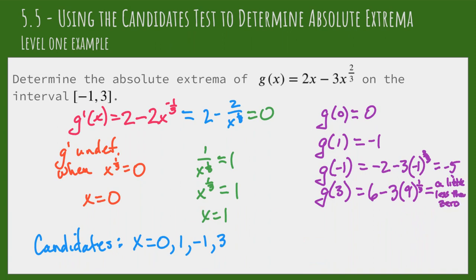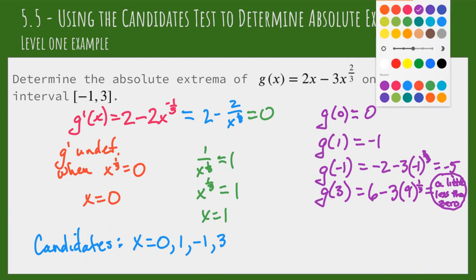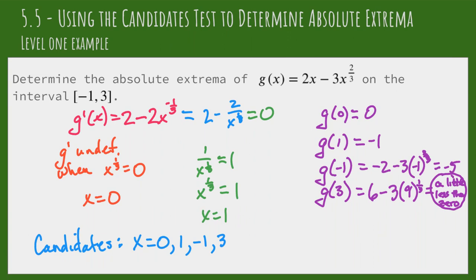And I know that's not very formal, but what I do know is that it's not going to be less than -5 for sure. And I also know it's not going to be greater than 0. So just narrowing it down to kind of a small range here, a little less than 0, now I can choose this 0 here as the max and the -5 as the min.